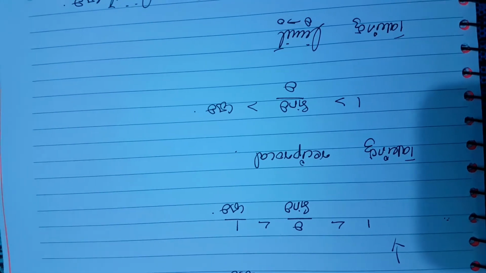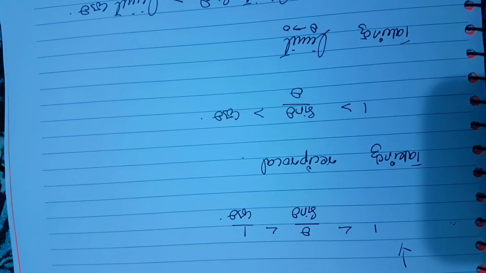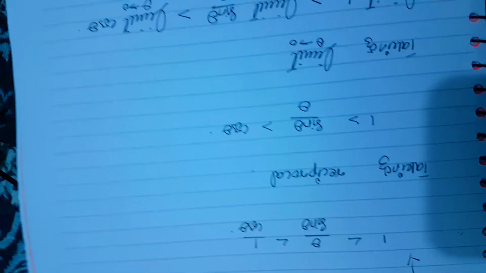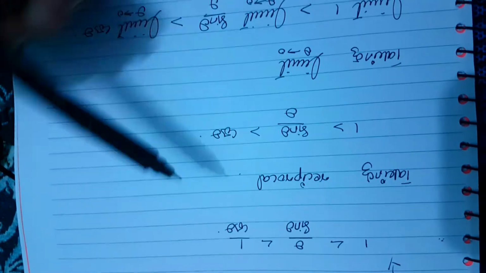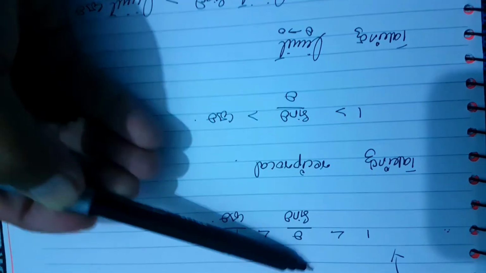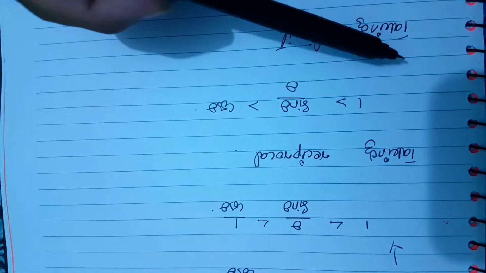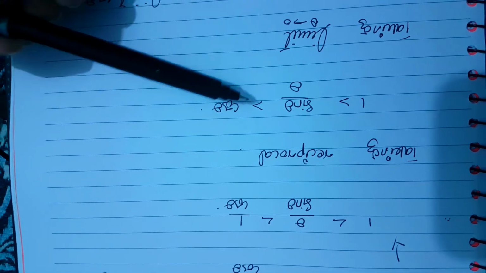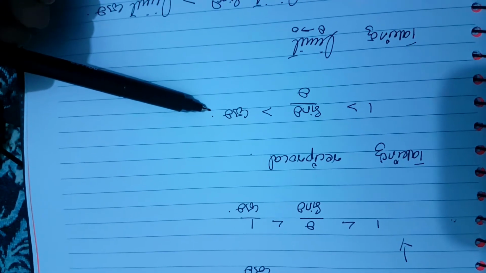This is a key point. Therefore 1 is greater than sine theta by theta, and sine theta by theta is greater than cos theta.